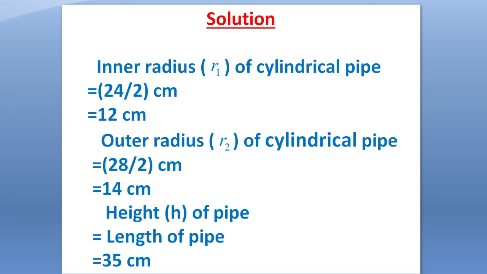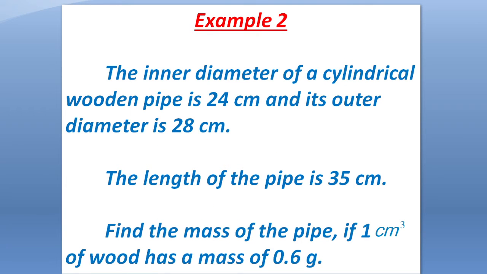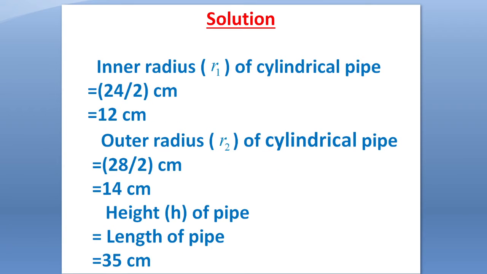Okay, so inner radius R1 of cylindrical pipe, because we have been given diameters, radius is equal to diameter divided by 2.